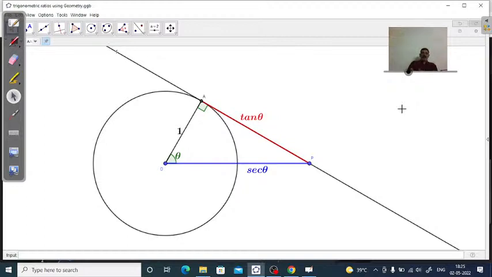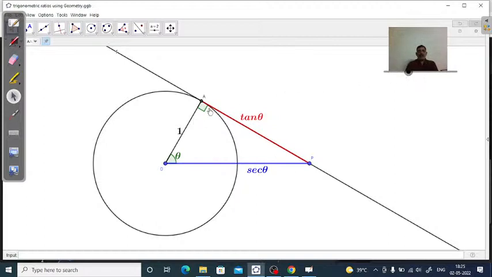And the distance from the external point to the center of the circle is equal to secant theta. Of course, we can prove all these things geometrically. Now I'm not going to the proofs, I just want to show you how you can remember these trigonometric identities very easily and quickly. This is the tangent which you studied and this is the secant.